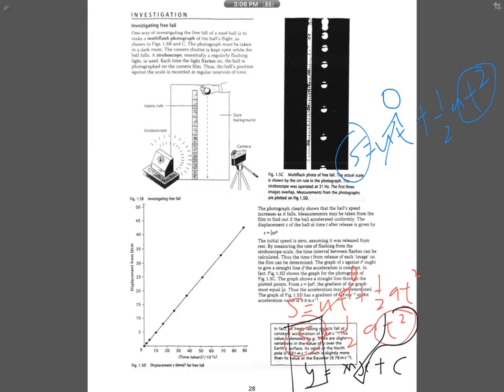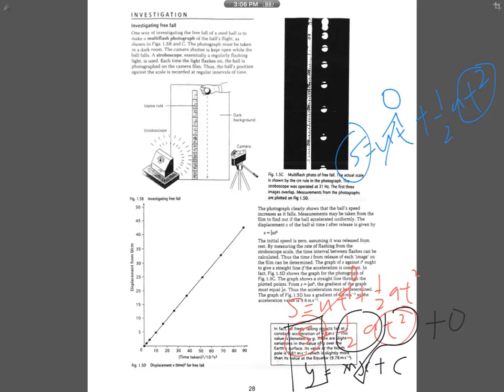So what does my gradient give me? Half a. And what does my y-intercept give me? 0, because there's nothing behind here. You understand? So you get a straight line through the origin. Now, after I plot a graph of s versus t², which is what they did here, you will notice that this is a graph of s versus t².